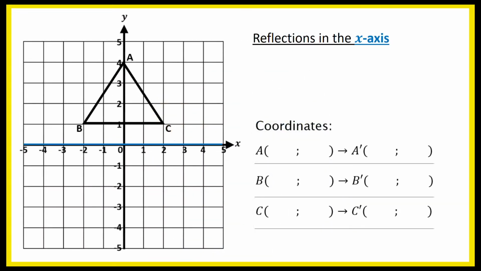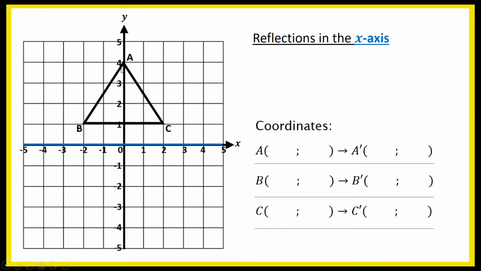For reflections in the x-axis, it's reflecting over the x-axis, which is this blue line in the middle. So it would almost reflect like a mirror. What you need to know with reflecting over the x-axis is that the y coordinate changes sign.